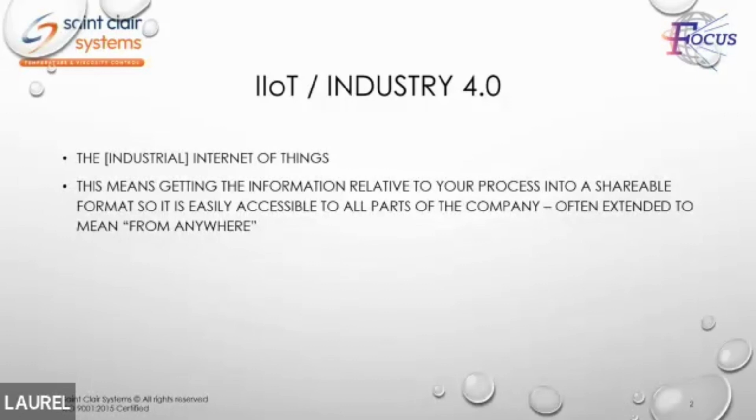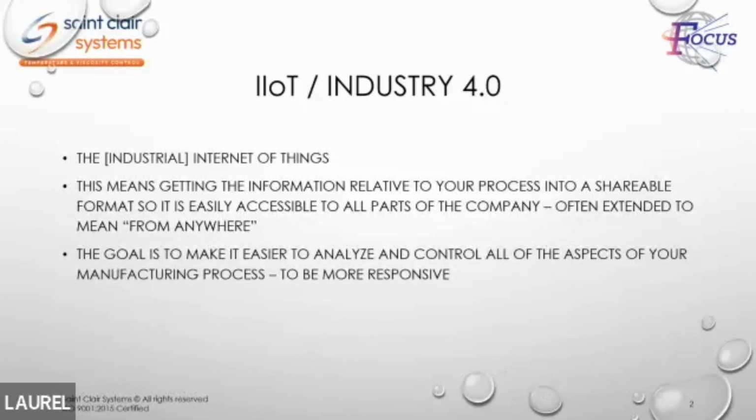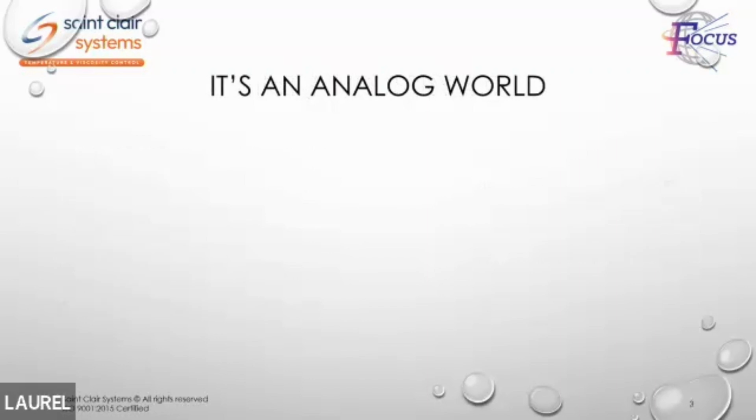And this is often extended to mean from anywhere or on any device. The goal: make it easier to analyze the data and control all of the aspects of our manufacturing process so we can be more responsive with the goal of managing change as it occurs.